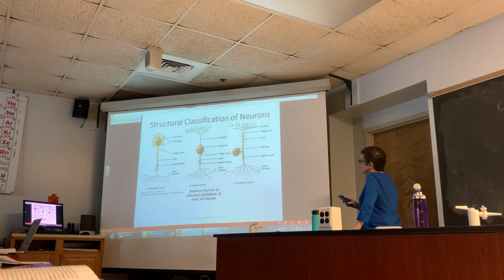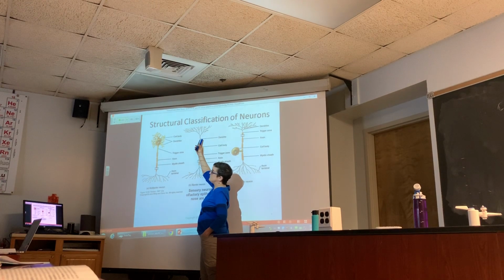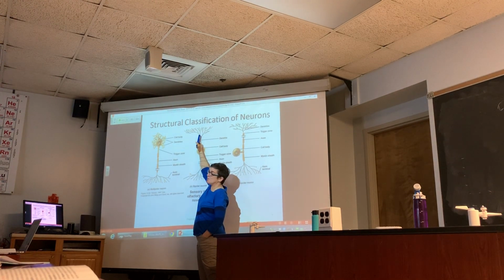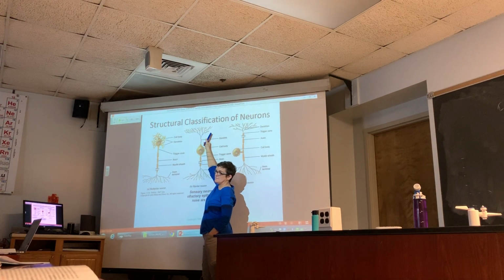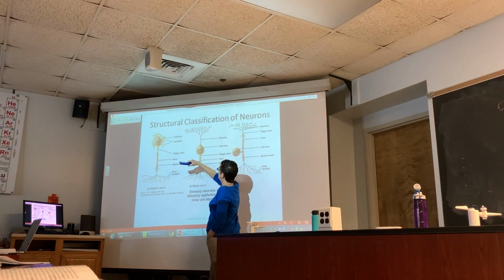Now, I just want to show you, this is a bipolar sensory neuron, but it's in a reverse direction. The dendrites are pointing up, and this is where the olfactory hairs or cilia would be. They wouldn't look like this exactly, but they're more cilia looking, and I'll show you a picture of that in a minute.